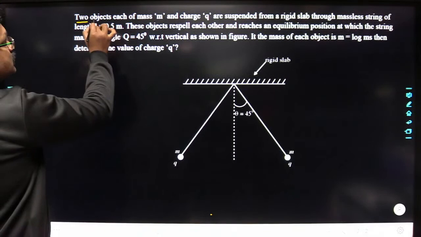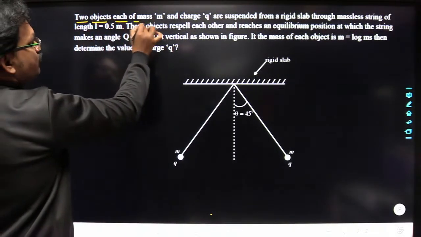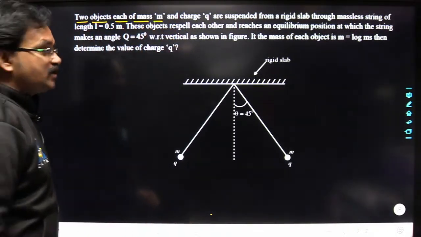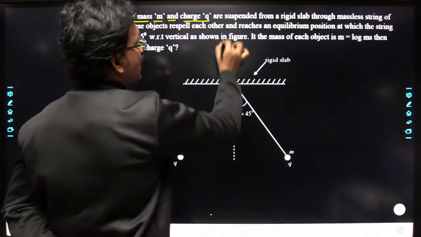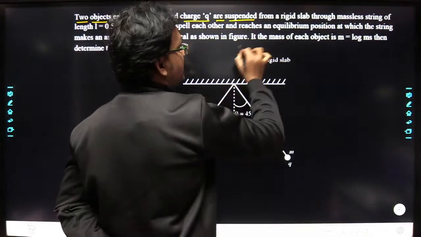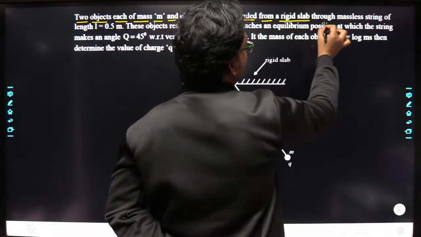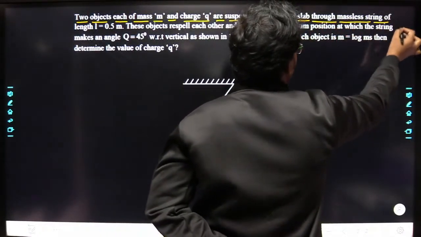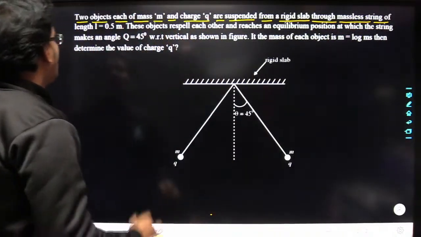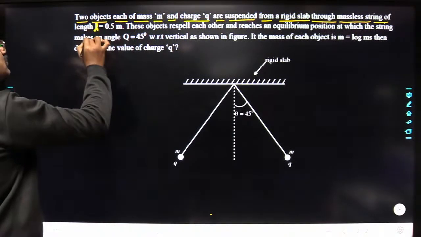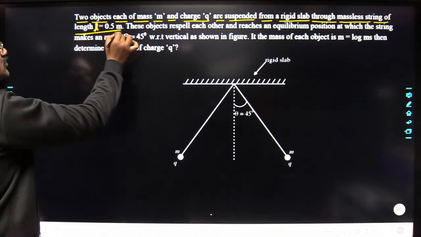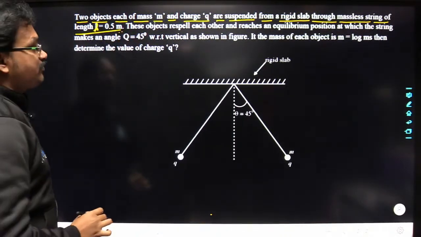Two objects each of mass m and charge q are suspended from a rigid slab through massless strings of length L is equal to 0.5 meters.